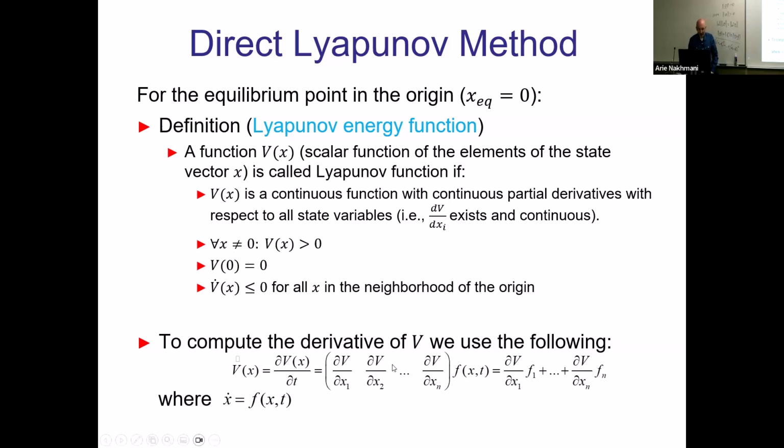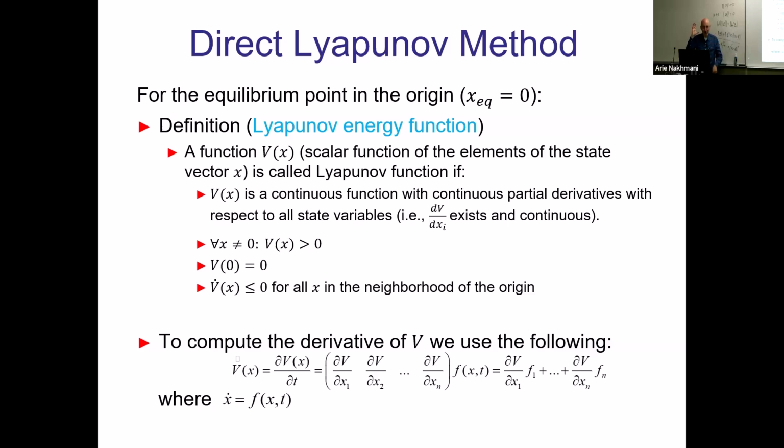Now, if you want to compute the derivative, which is V dot, here's how you compute that. This is a way to compute the derivative of that type of function, because this function is of x1, x2, x3, so you have multiple partial derivatives. So you need to do a derivative within a derivative, right? Because each of the x's is a function of t, but V is a function of x. So you have that complex derivative rule where you need to multiply by the inner derivative, right? So you're taking the derivative with respect to x, so it's dV/dx and dx/dt multiplication.